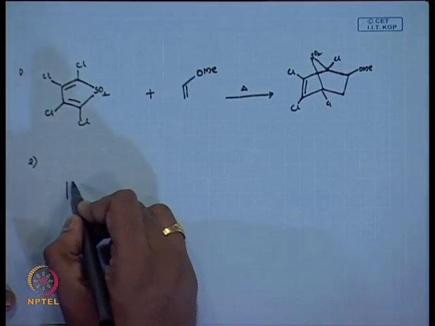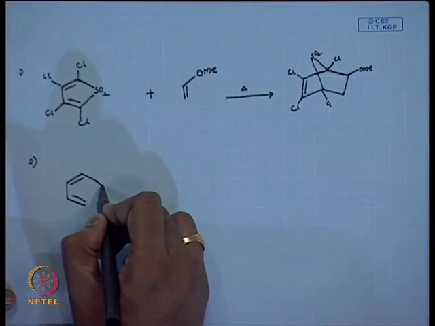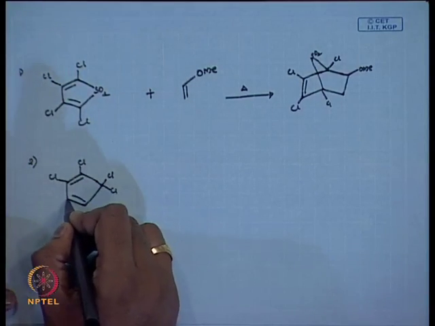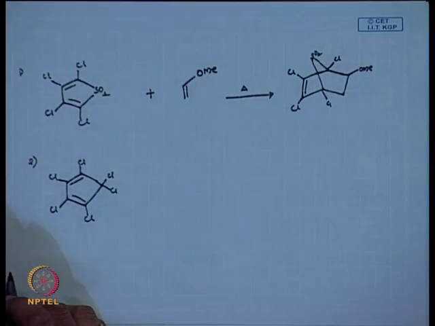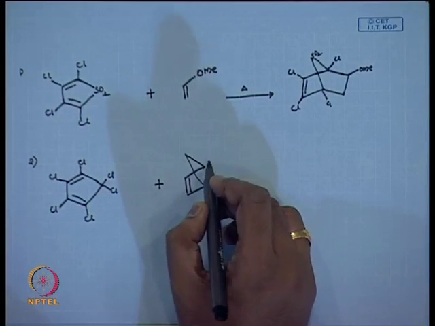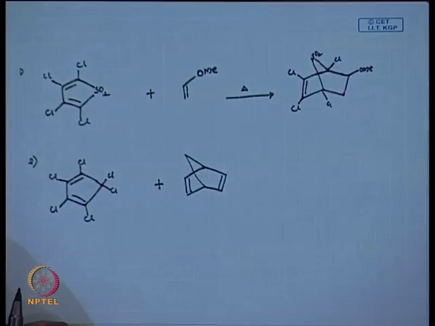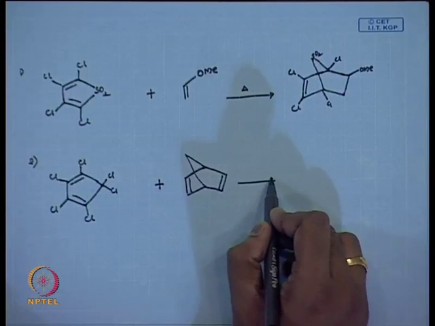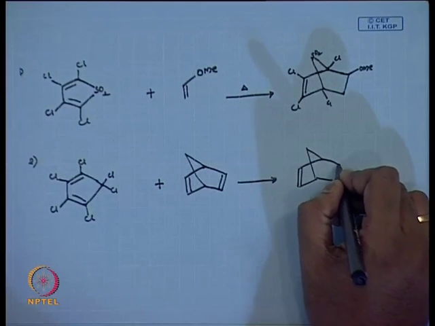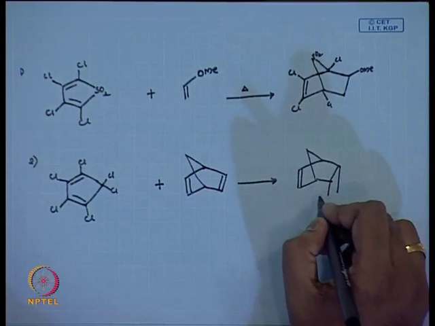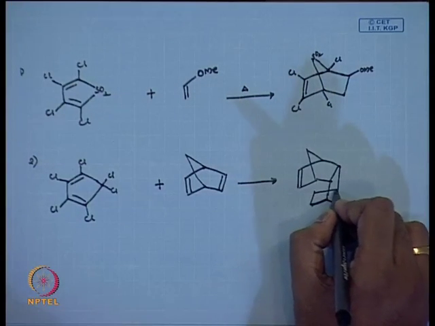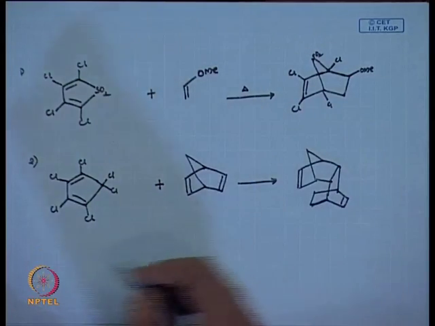For example, if you take a system like this, and then a cyclic system, and if I do this reaction, you end up with that, and your chlorines.